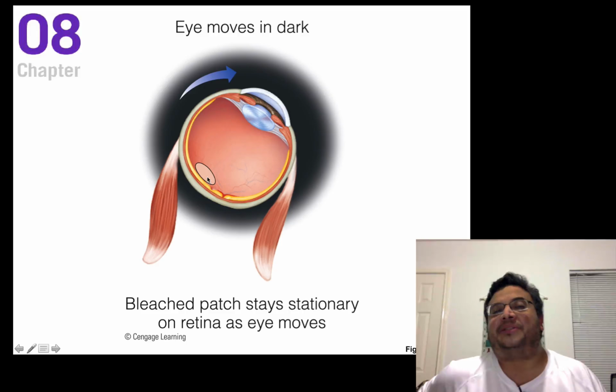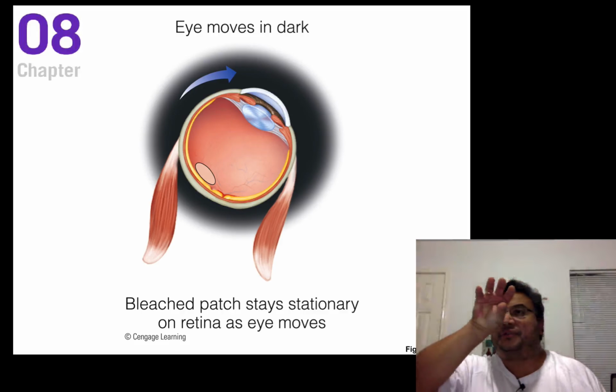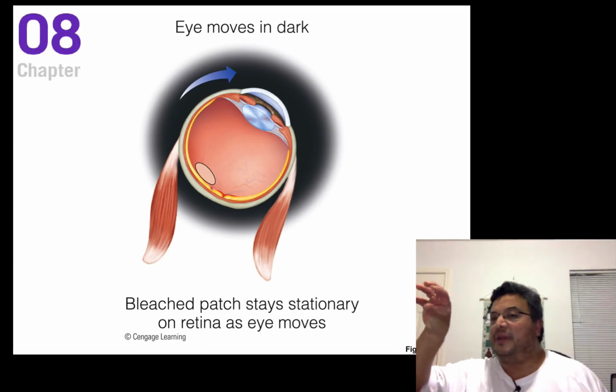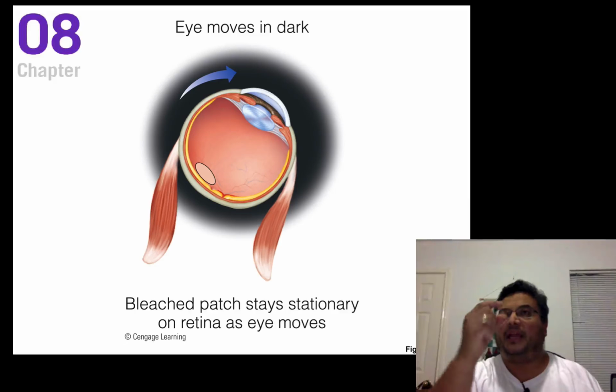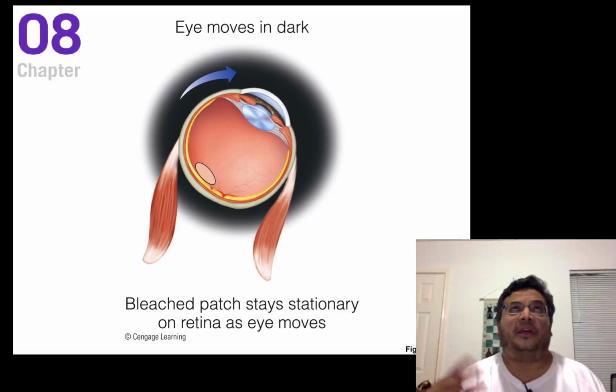As a result, since the eye is moving but the image is maintaining itself on the retina, your brain thinks that your eye is tracking something that's moving. Because your eye is moving and the retinal image is not moving, it gives the illusion of movement.